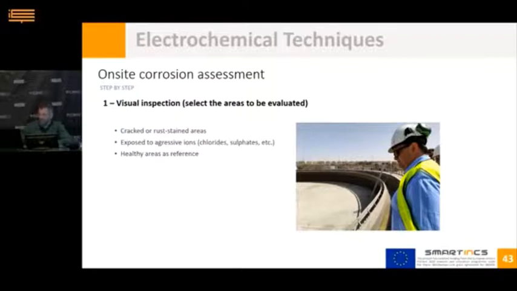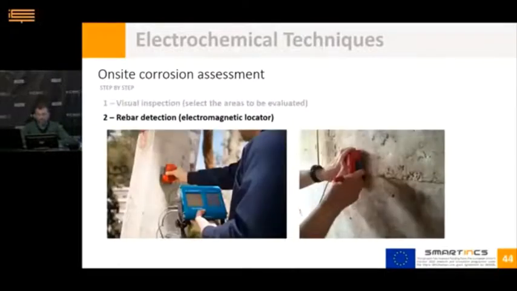The next step is to locate the reinforcement using normally an electromagnetic rebar locator in the areas to be evaluated, marking its position and depth on the structure itself. It's essential since it conditions the way in which the different sensors and electrodes used in electrochemical techniques are placed.